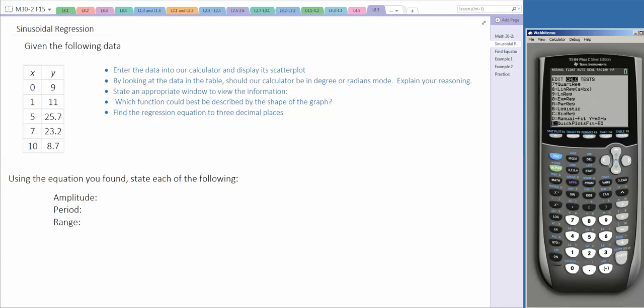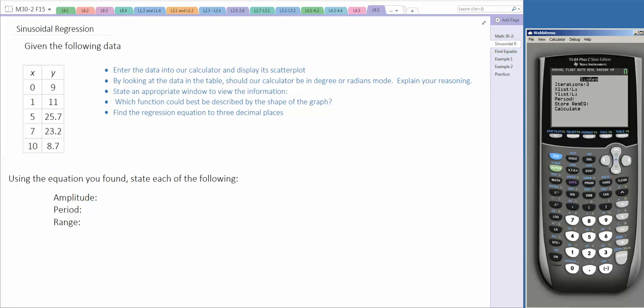I'm going to scroll up, and you can see that the sine regression is C. So put the calculator on C and press enter. It's going to do 3 iterations of the regression, processing it through the algorithm 3 times. That's an adequate number. I wouldn't change that. Our X data is in list 1, our Y data is in list 2. If we know the period exactly, we can enter it, but we don't have to.